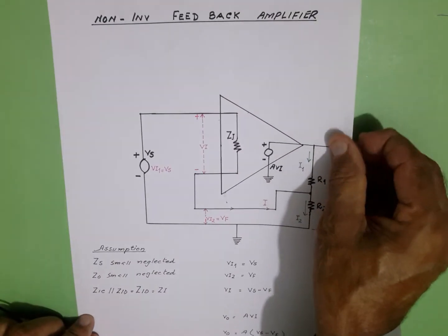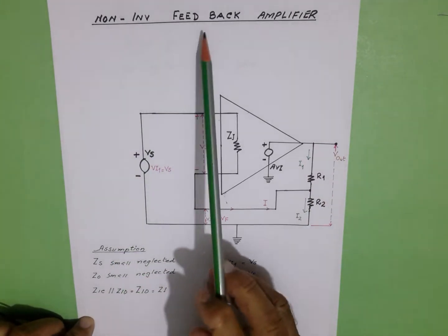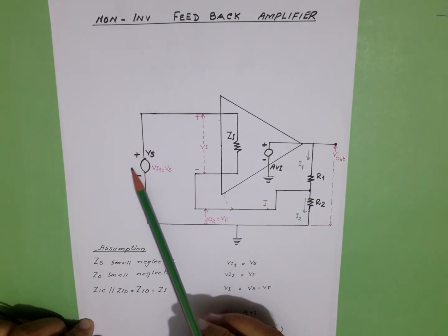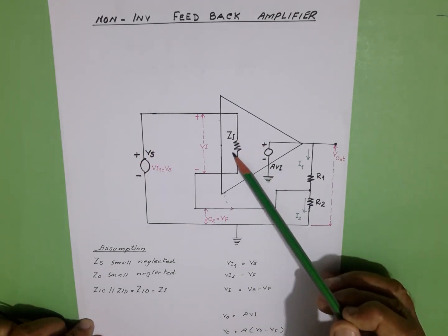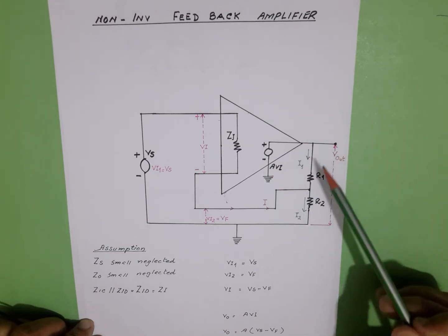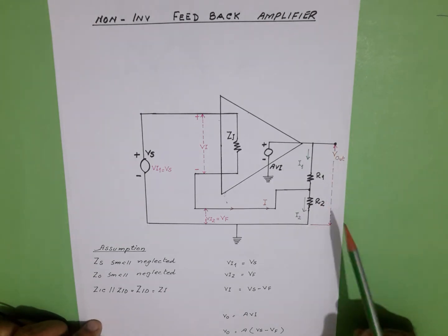And see here, this is the circuit, non-inverting feedback amplifier. This is a signal voltage. This is the Zi input impedance. Output controlled generator A V input 1. Now, this is a feedback factor.